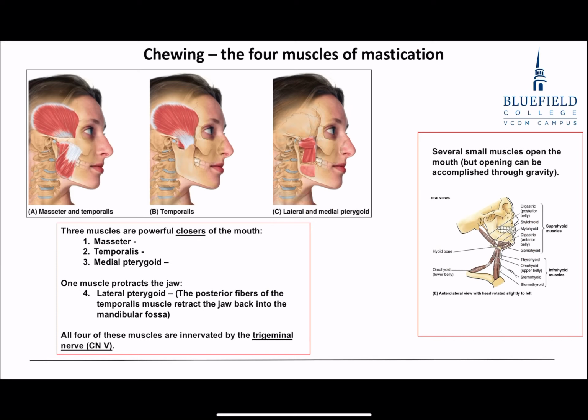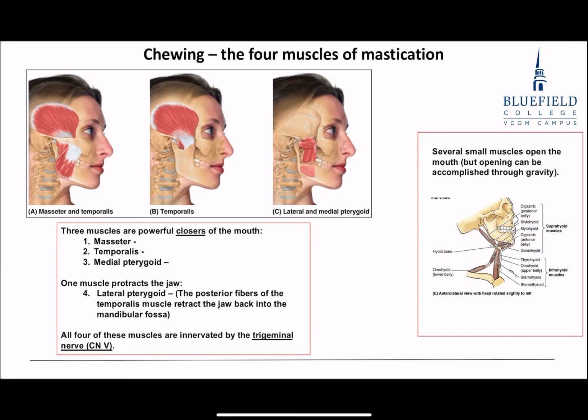Actually, gravity can kind of open it, but we have some little muscles down here attached underneath to the chin that allow us to drop our jaw. So even if we're standing on our head, we can still swallow, we can still open and close our mouth, so it doesn't require just gravity. But we can really, really clamp down when we close our mouth.